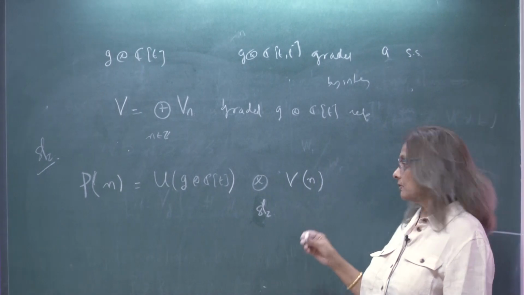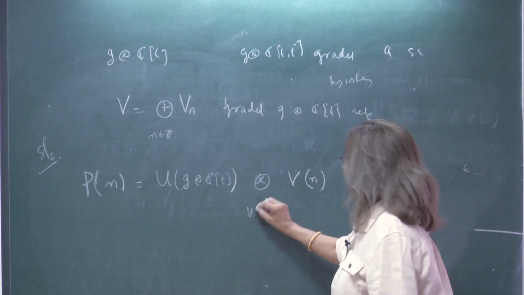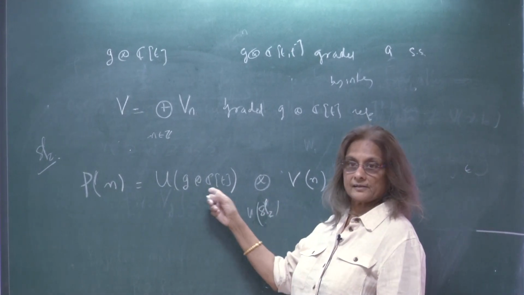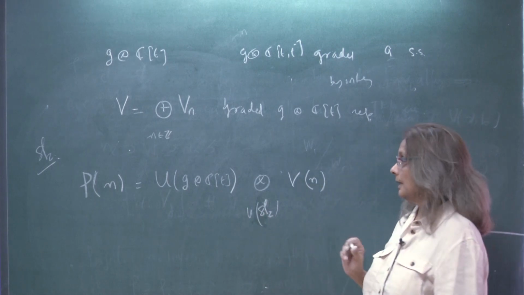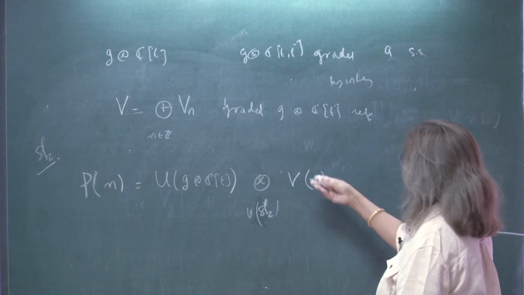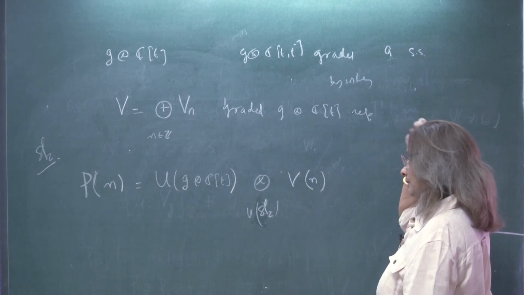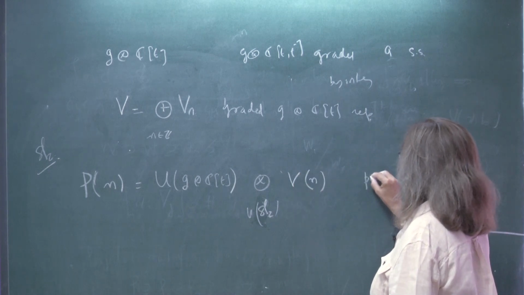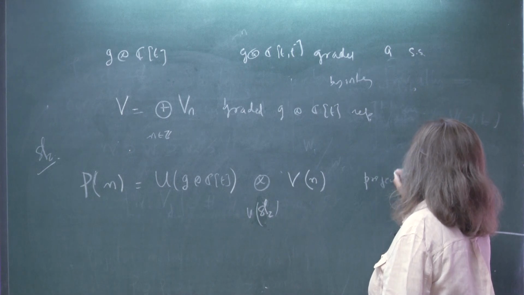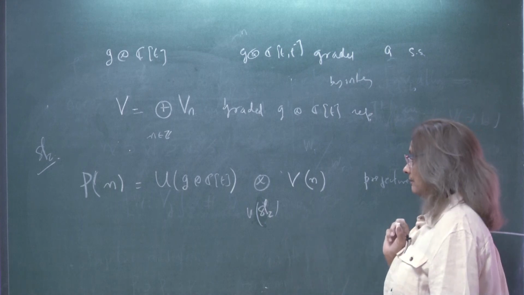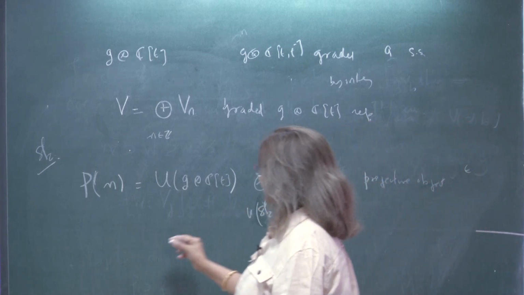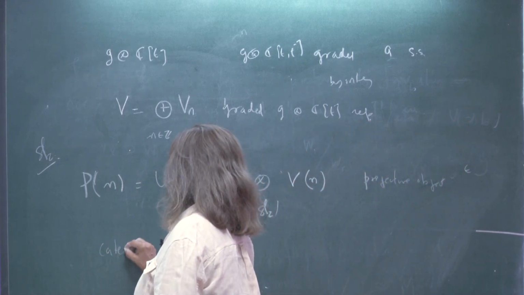So this is going to be a huge representation, because here I'm taking U of SL2 tensor C[t], and here I'm taking only U of SL2. So there are lots and lots of powers, okay? But in relative homology, it's standard to see that this is a projective object. And in what category? This is in the category of graded modules.